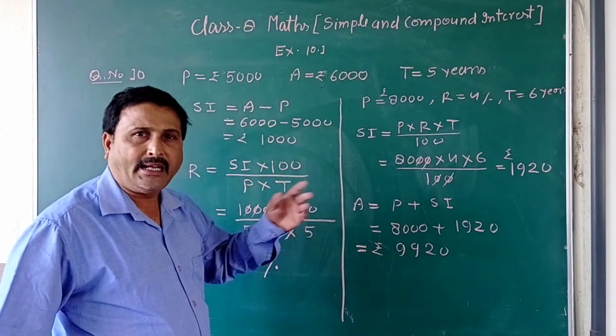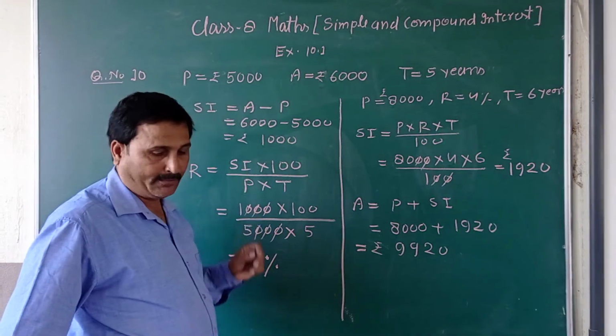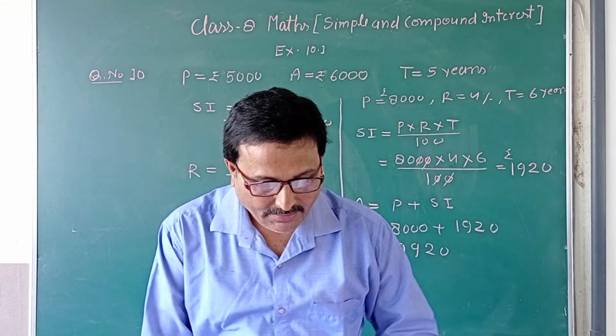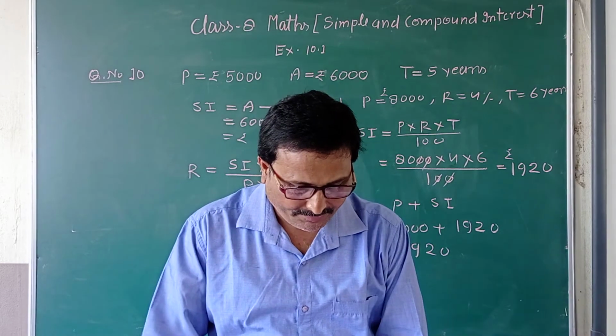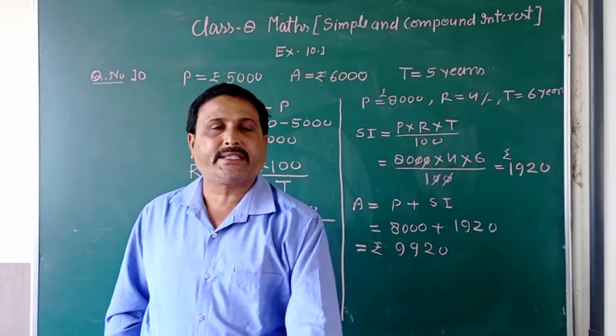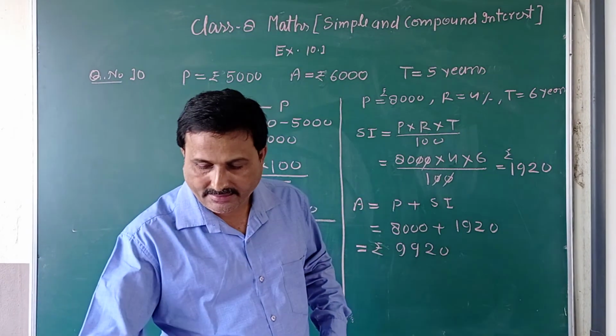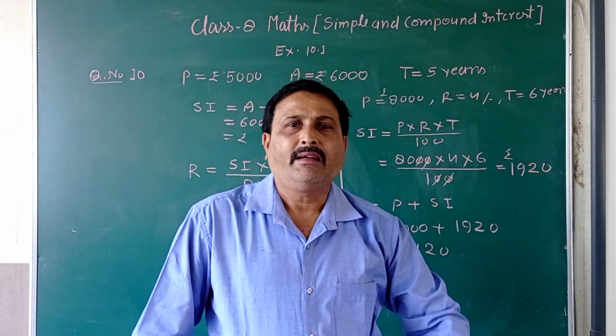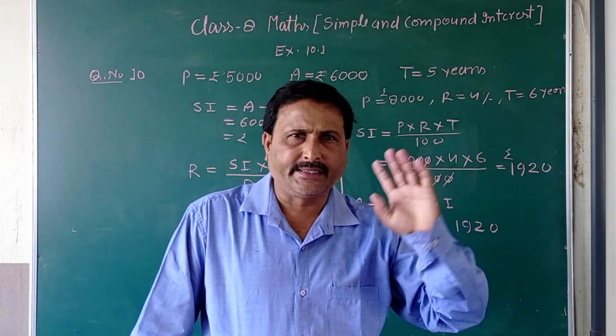In the next exercise I am going to explain the formula. Now in your big book, what is the difference between simple interest and compound interest? Suppose you have given money to a person, 1,000 at any rate.